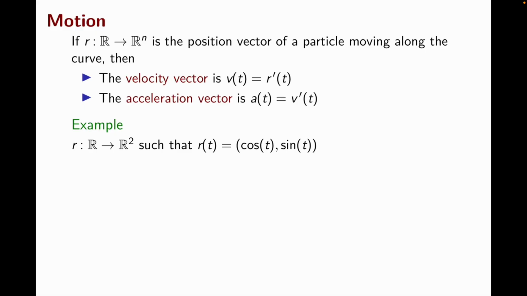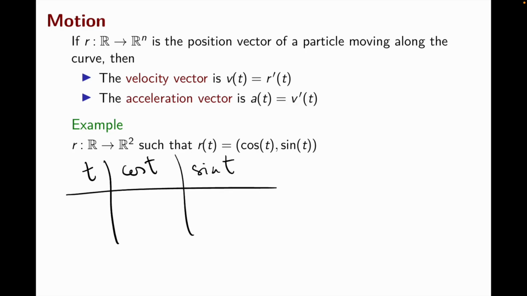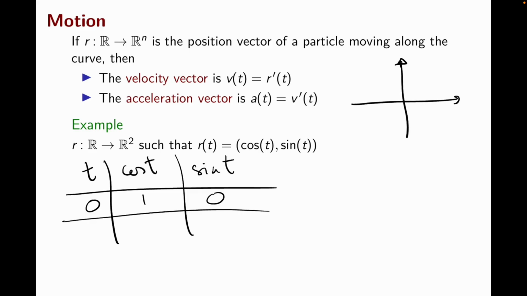Remember that to graph the curve, we need to put the parameter t and then the value of x and the value of y. So let's give values to the parameter. For instance 0, so then cosine of 0 is 1, sine of 0 is 0. So (1, 0) is going to be the first point of the graph. If we put the x and y axis, (1, 0) will be the first point.